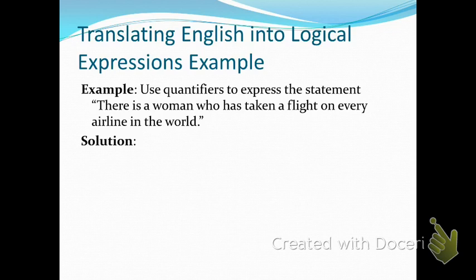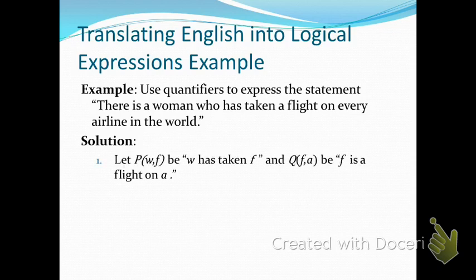I want you guys to work on this problem independently, okay? We want you to use quantifiers. There is a woman who has taken a flight on every airline in the world. So to keep it consistent, I do want everybody to use these different predicates in this domain.